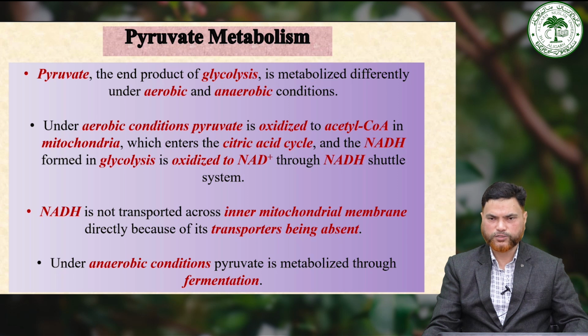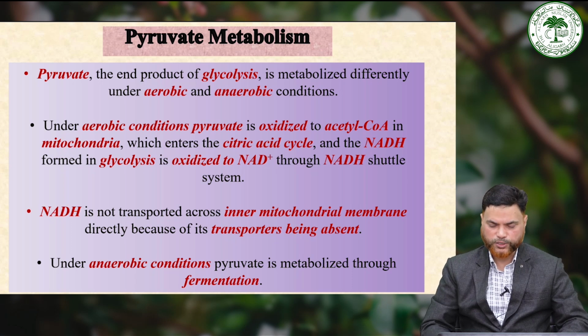Simultaneously, NADH produced during glycolysis is oxidized to NAD through the NADH shuttle system. It's important to note here that specific transporters are lacking for direct transport of NADH across the inner mitochondrial membrane. On the other hand, under anaerobic conditions, pyruvate follows a different metabolic pathway and undergoes fermentation.